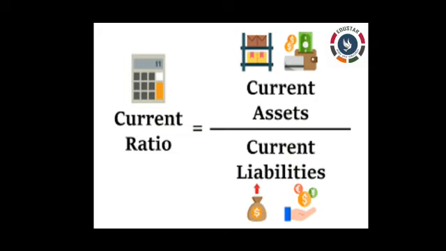For current liabilities: short term borrowings, trade payables, in the sense of bills payable, and other current liabilities and short term provisions. Do you understand? So always we should have current assets 2, current liabilities 1, so 2 is to 1.